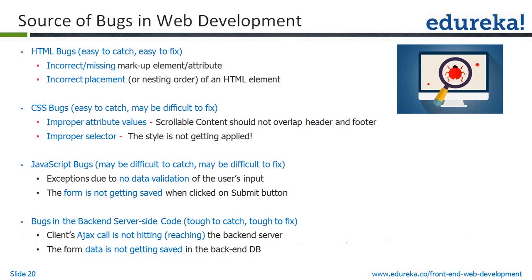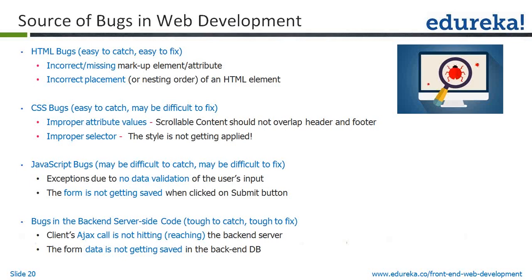On the backend side, there could be an error where you are making some API call in PHP, but that's not actually saving the form data to the backend database like MySQL. So bugs can be there anywhere, right from HTML, CSS, JavaScript, even backend scripts as well.